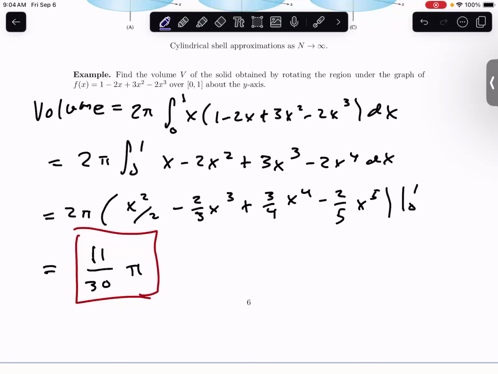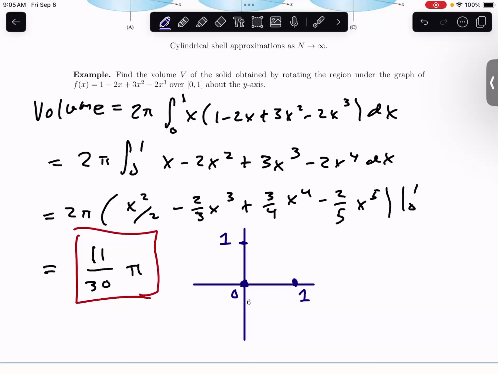Just to show an image of what's happening here, I feel like having an image helps. We're starting off with this graph, and the graph looks something like this. We're only interested in the graph on the region from x equals 0 to x equals 1. If you plug in x equals 0 into this function, you just get y equals 1. And if you plug in x equals 1 into this function, you end up getting y equals 0.